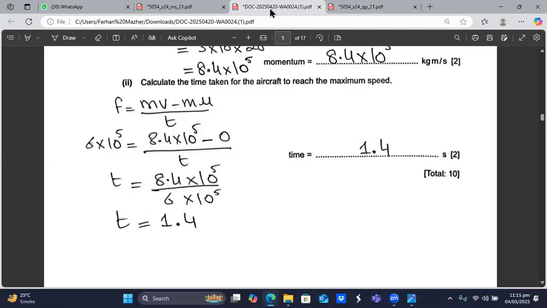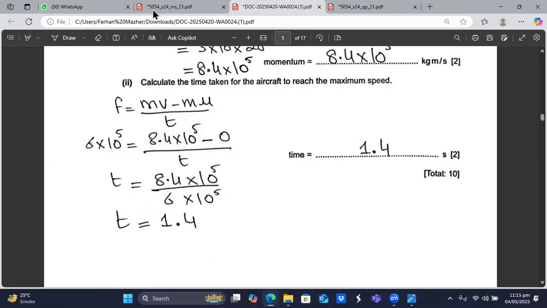And we know the resultant force, that is 6 × 10^5 Newton. And we know the final momentum, that is 8.4 × 10^5 kg meter per second. The initial momentum is 0 because it was at rest, and the time we don't know. We want to find out. So time will be equal to 8.4 × 10^5 divided by 6 × 10^5, and that is 1.4. So 1.4 seconds.